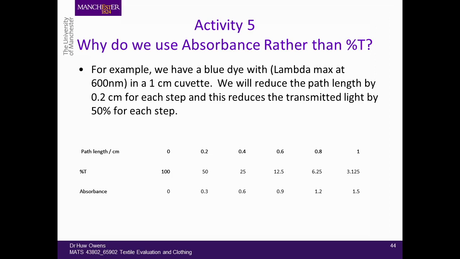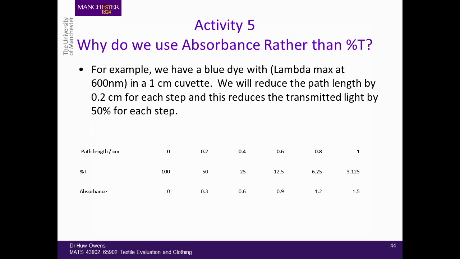So remember, we've got this relationship where we've got concentration and path length as well, which is the distance the light needs to travel. So each time we're going to look at, well, if there's nothing in the way, all the way up to a centimetre of dye in our cuvette in the way. So we've got a 1 centimetre cuvette, and we're just going to change the path length.